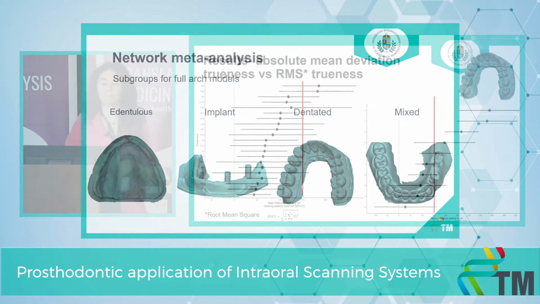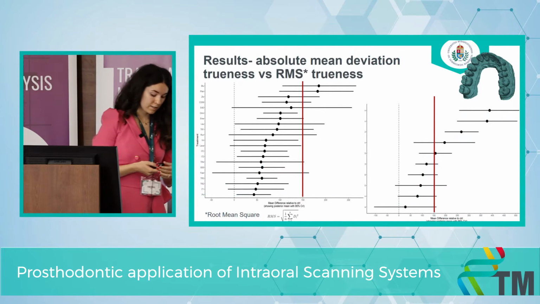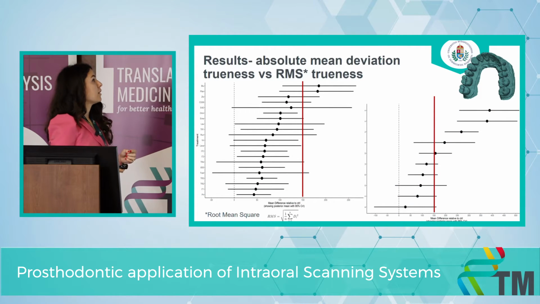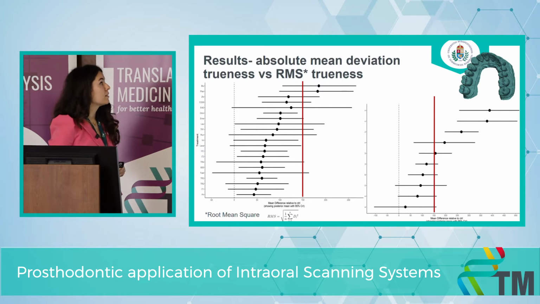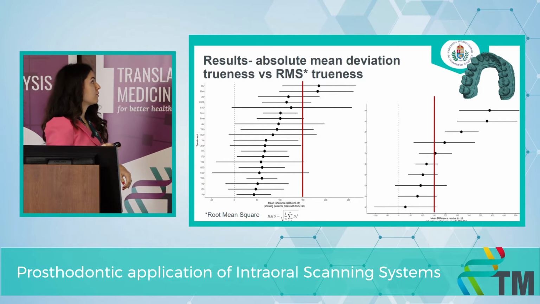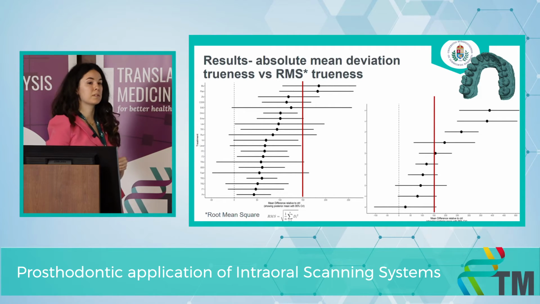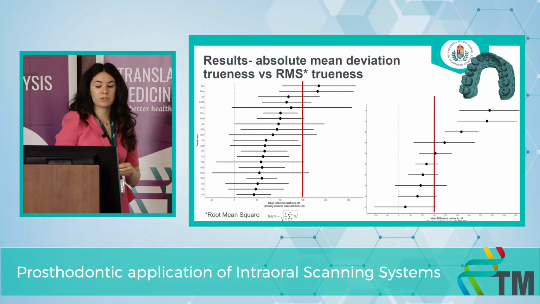You can see the results in the forest plots in the case of dentated models trueness, where we had 2 outcomes within the trueness part, which is the absolute mean deviation, and the RMS, which is root mean square deviation.